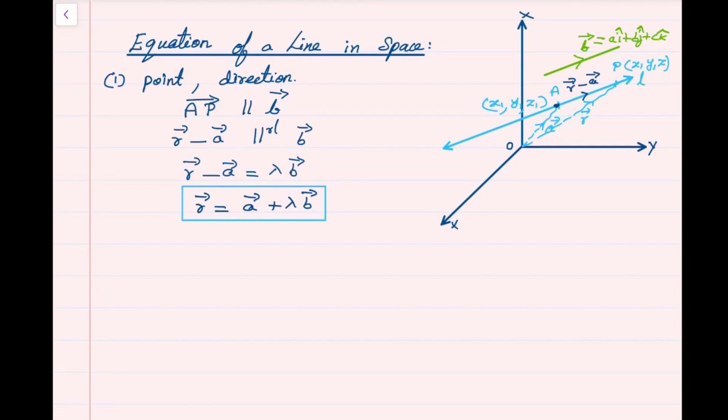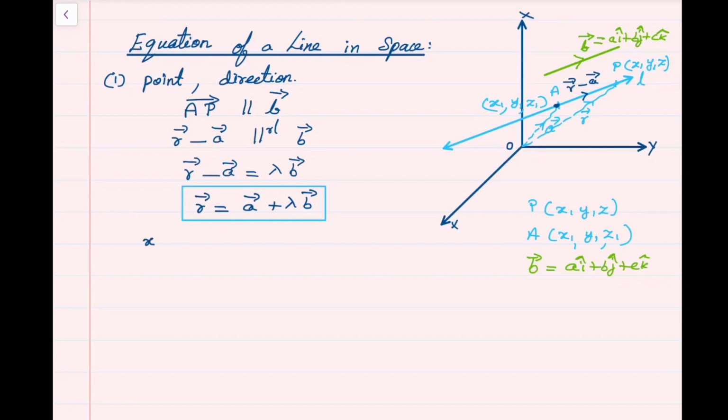So we are taking P point as x, y, z, and A point as x1, y1, z1, and vector B as ai cap plus bj cap plus ck cap.